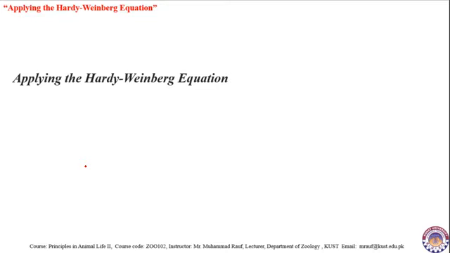Violation will occur in 1 or 2, so there is no such ideal population.